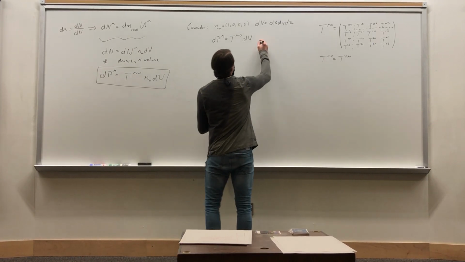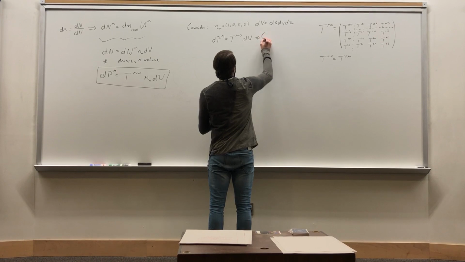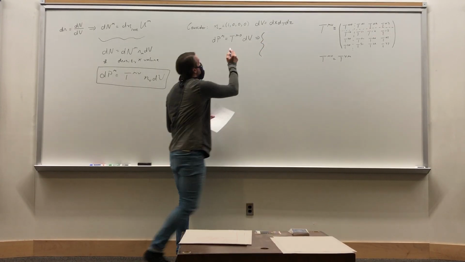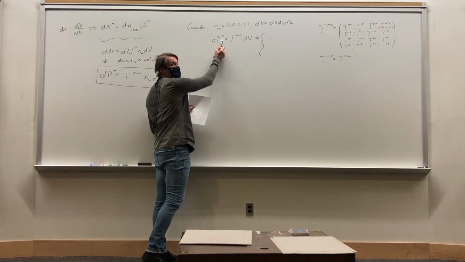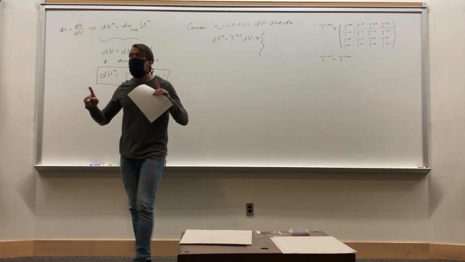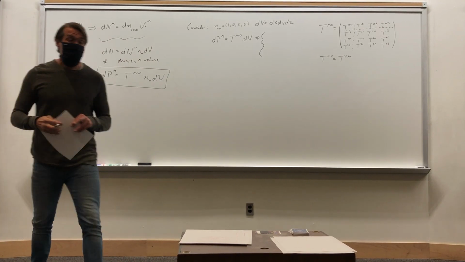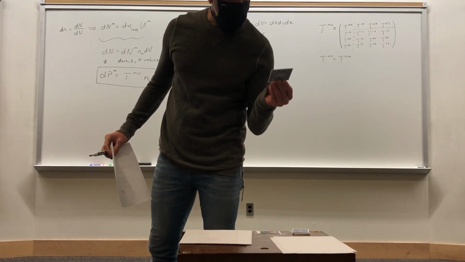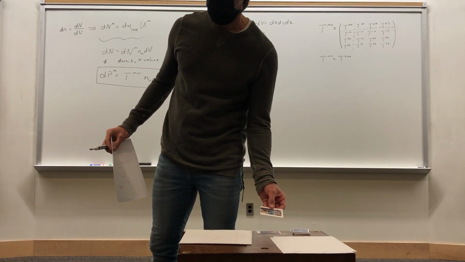So now what we can do is take this and say, okay, if I take mu to be 0, this is an equation with one index on each side that's the same. So how many different equations does this represent?